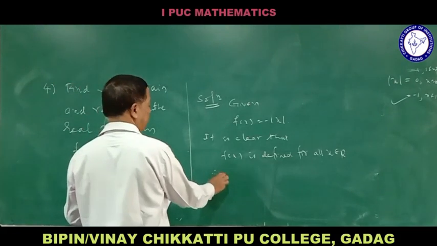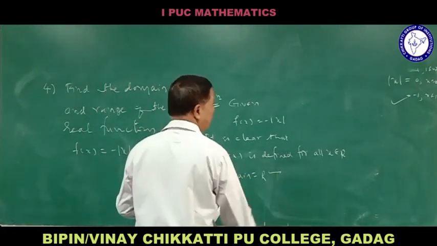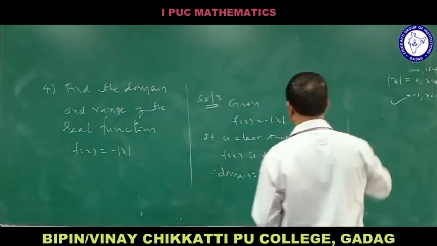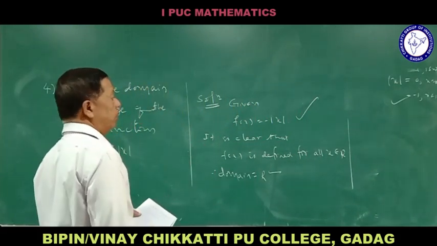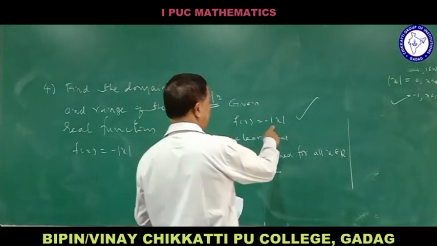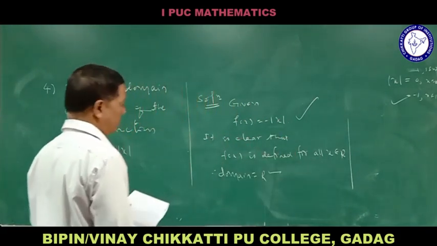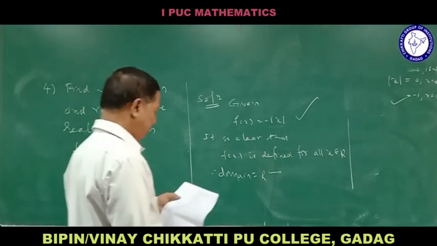The domain is the set of real numbers. Whatever values of x you take, it is defined. And so f of x, that is minus of modulus of x, is defined for all values of x.